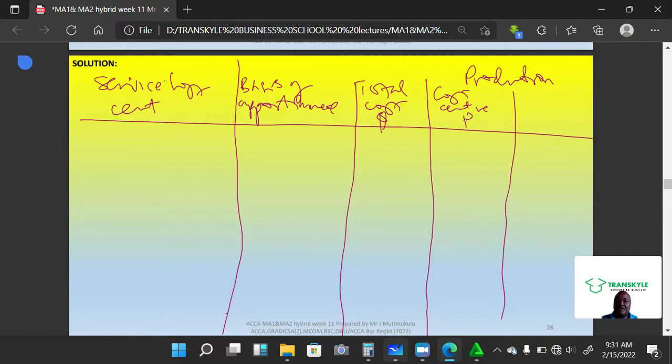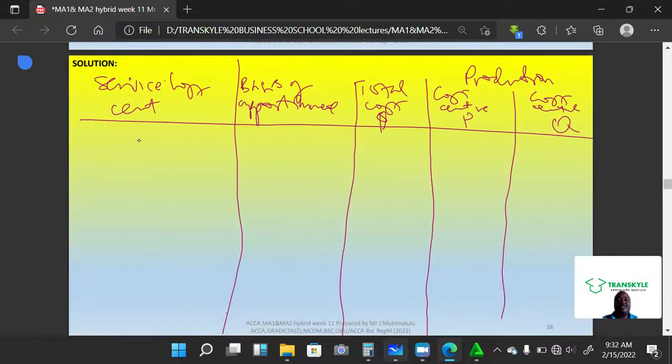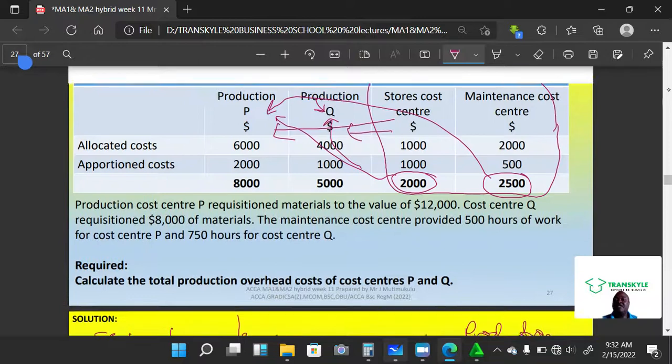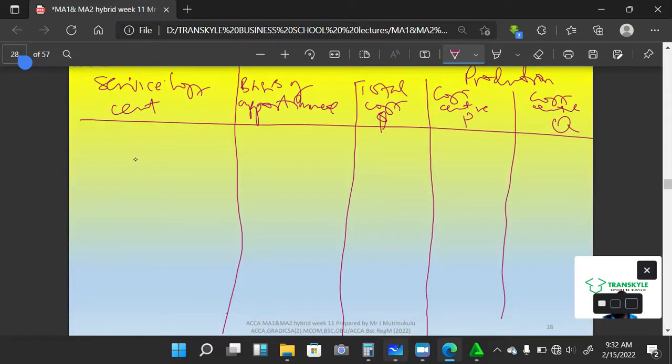We have got P and cost center Q. From the question, yes, there's P and Q. And the service cost centers, we have got stores and maintenance. Okay, we've got the stores here.